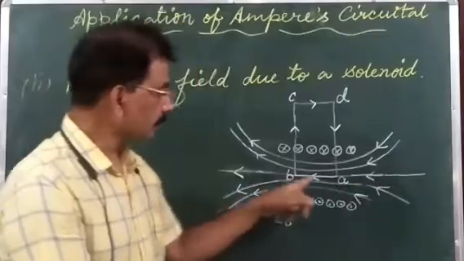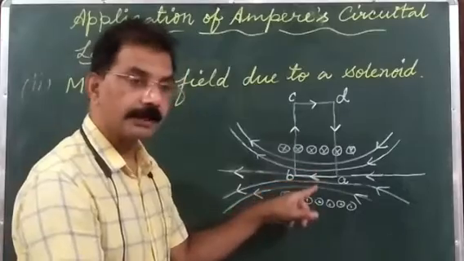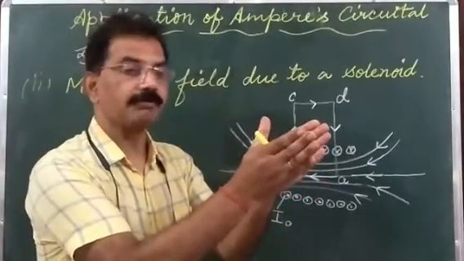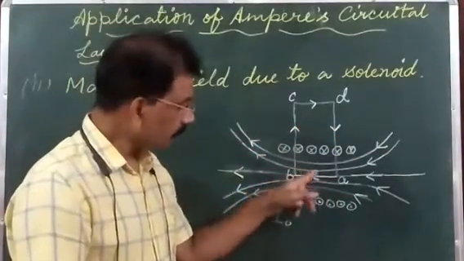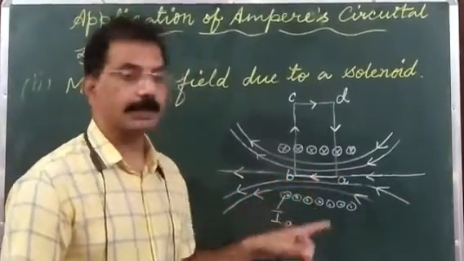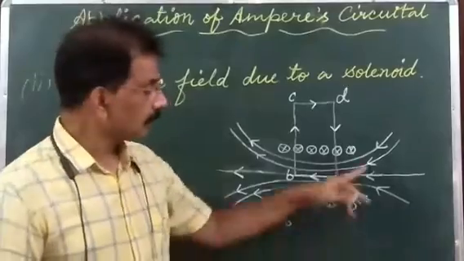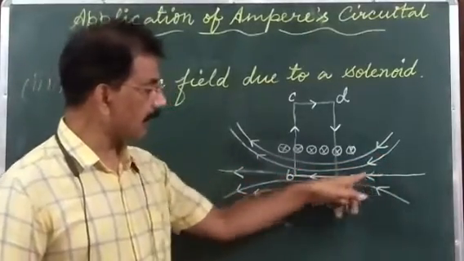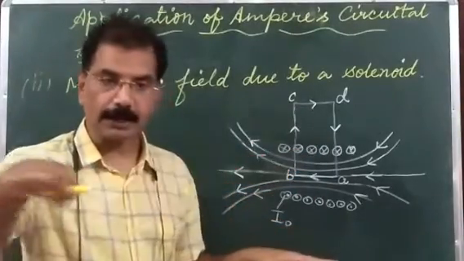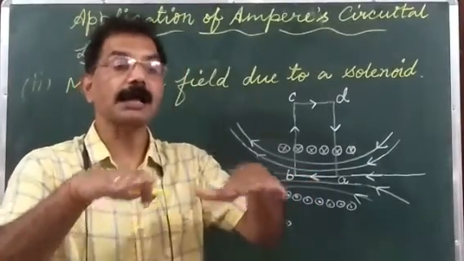Experimentally it is observed that these magnetic lines of force are straight and parallel inside the solenoid, and as we come near its end they spread a little farther apart. The straight and parallel magnetic lines of force show that the magnetic field inside the solenoid is uniform.